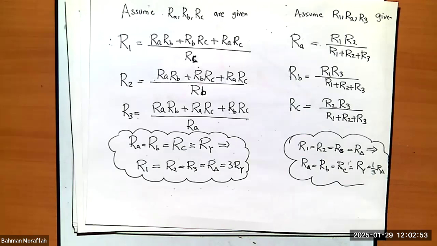And the value is 3 times RY. Same thing over here. If I'm given R1, R2, R3, which is my delta circuit, and all of them are the same with value R delta, and you're asked to find RA, RB, RC, which is your RY associated with the Y circuit, it turns out the value of RY is 1/3 of the value of R1, R2, R3, which we called R delta.